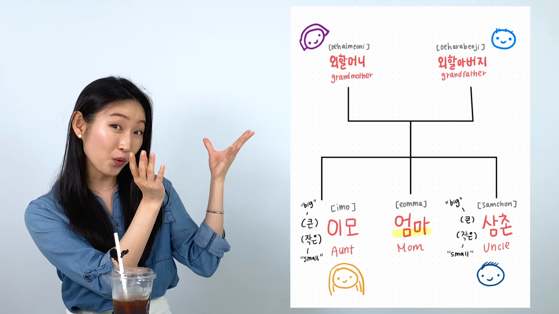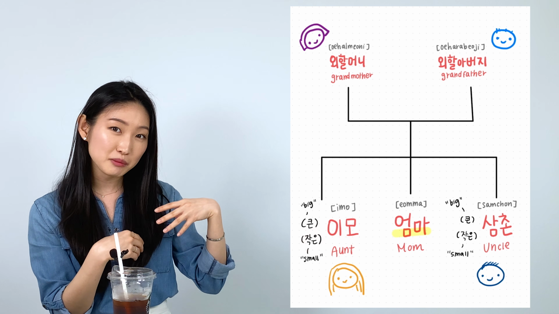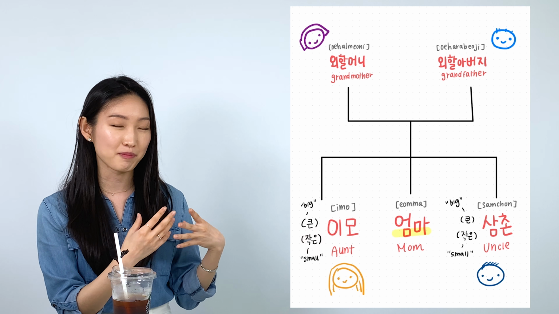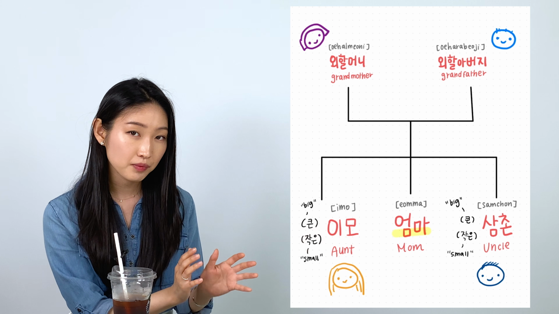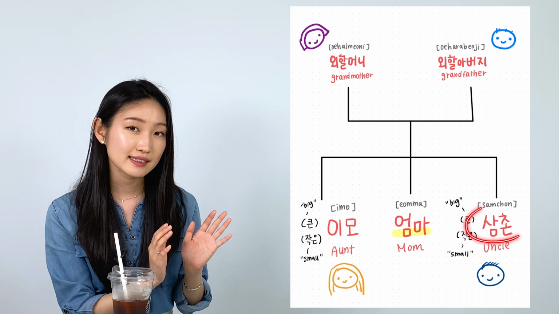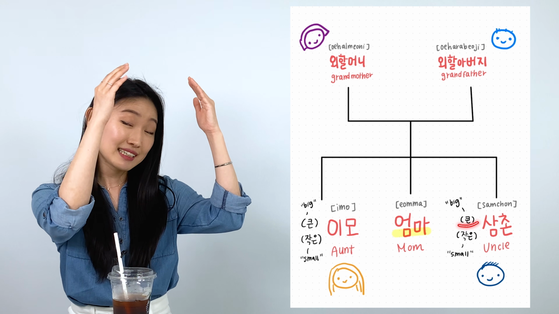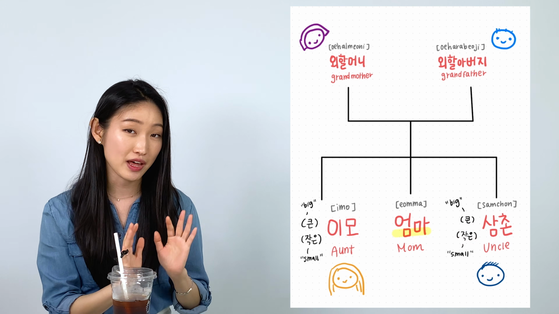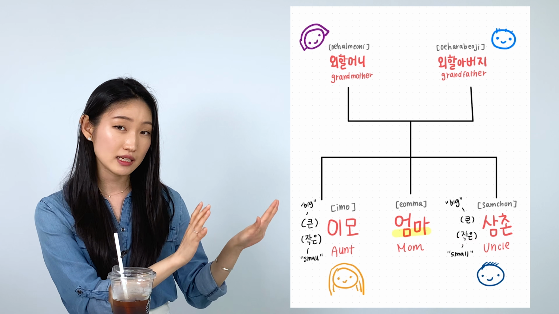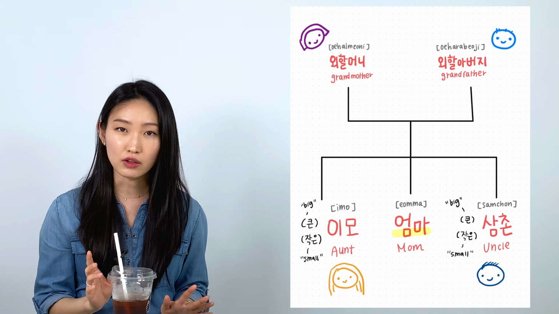So your older aunt or smaller aunt, depending on if they're a younger sibling or an older sibling of your mom. Now, on your mom's side, if you have an uncle, he would be 삼촌, 삼촌. 큰 삼촌, 작은 삼촌. So that was your mom's side family. 이모, aunt, 삼촌, uncle.